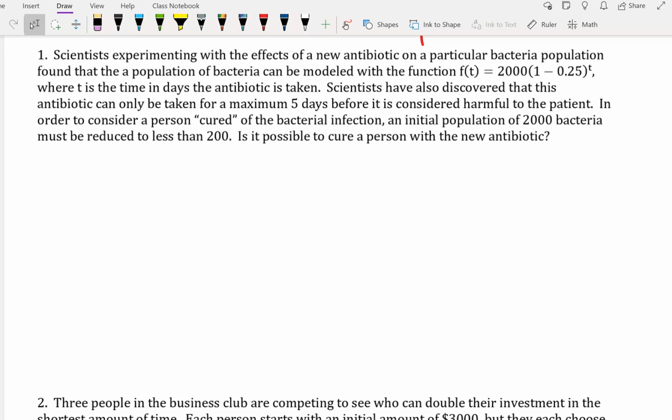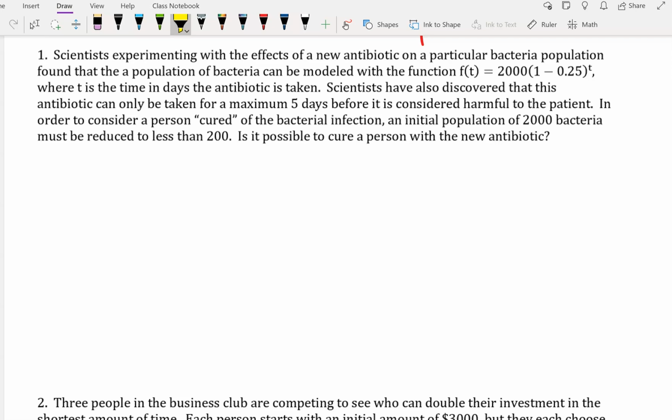Scientists have also discovered that this antibiotic can only be taken for a maximum of 5 days before it is considered harmful to the patient. In order to consider the person cured of the bacteria infection, an initial population of 2,000 bacteria must be reduced to less than 200. Is it possible to cure a person with the new antibiotic?